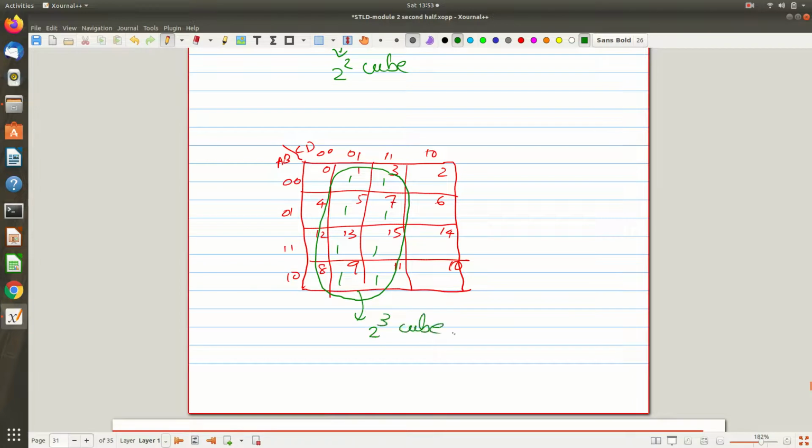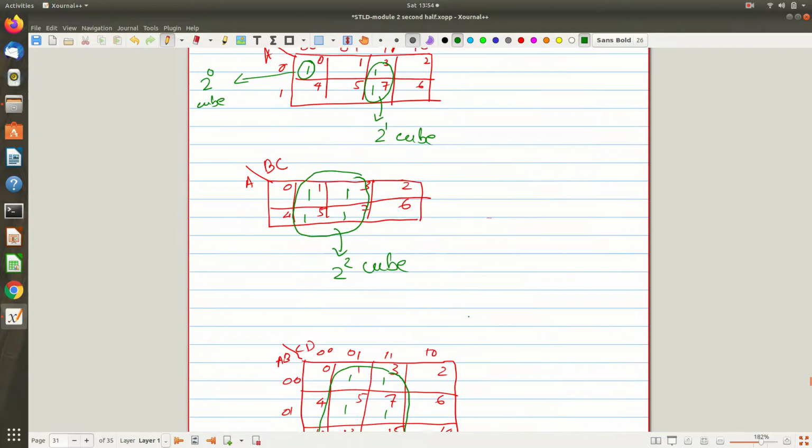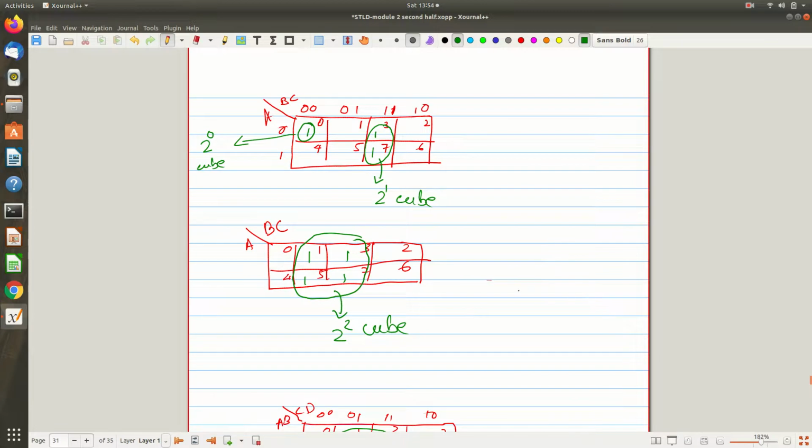So in general, we have 2 power m cell cubes, right? Now we saw examples for all these 2 power m categories. We have gone up to 4 variables, and we can generalize it to 5 variables also, but that is a different thing. Okay, fine, hope it is clear.